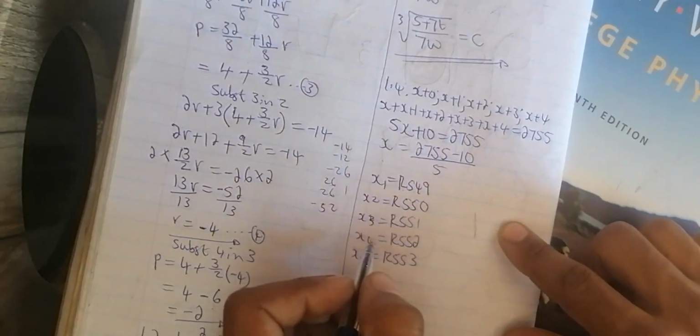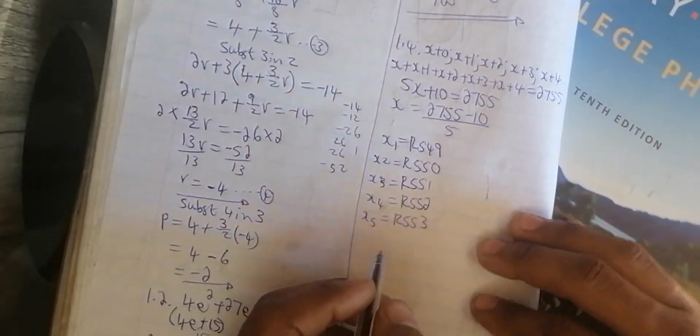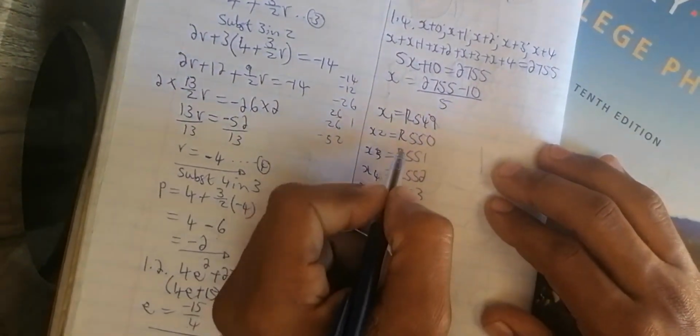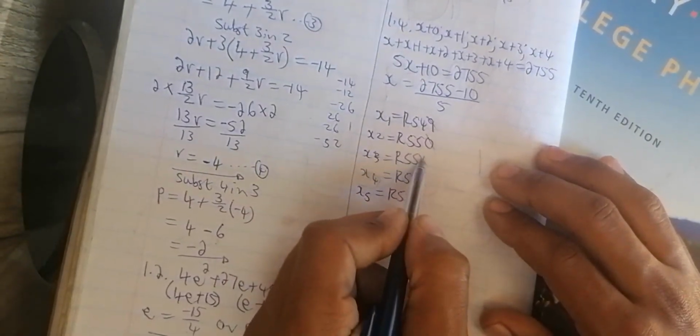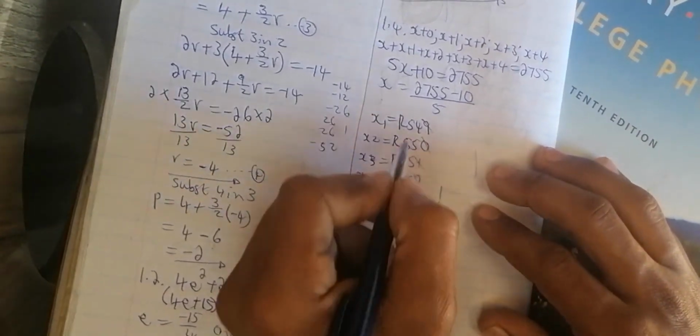Let's check. 9 plus 0 plus 1 plus 2 plus 3. This would be 10. This would be 15. 5 carry 1.